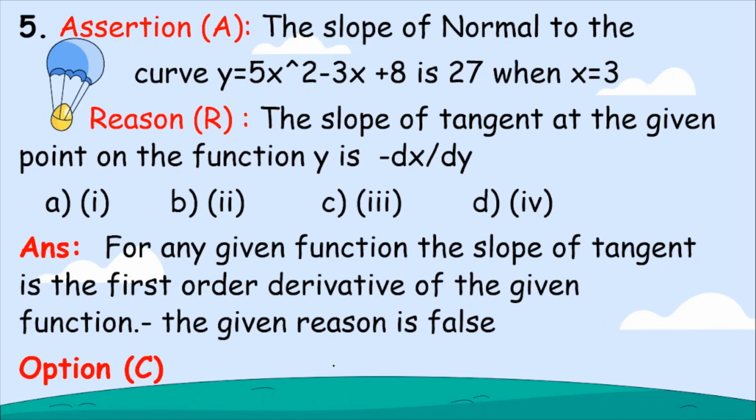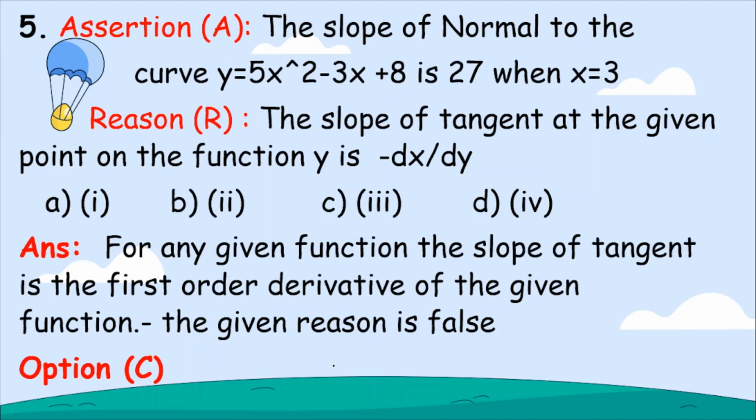Question 5. Assertion A. The slope of normal. Again, it is one of the application questions in differentiation. When it is a slope, it is nothing but the first order derivative of the given function. The slope of the tangent to the curve is the first order derivative of the given function or given graph. The slope of normal is minus 1 by the slope of the tangent.